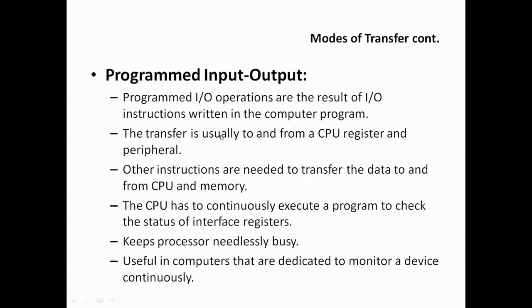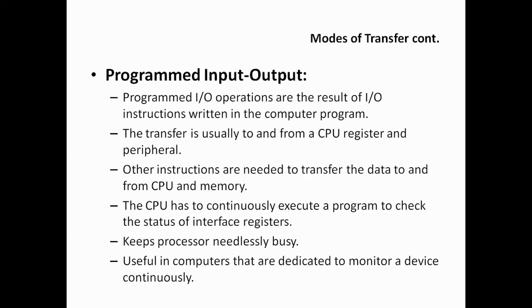In this concept, the CPU has to continuously execute a program to check the status of interface registers. Since this is a programmed input output, the CPU will have to continuously run a program which will check, what will it check? It will check the status register of interface units.